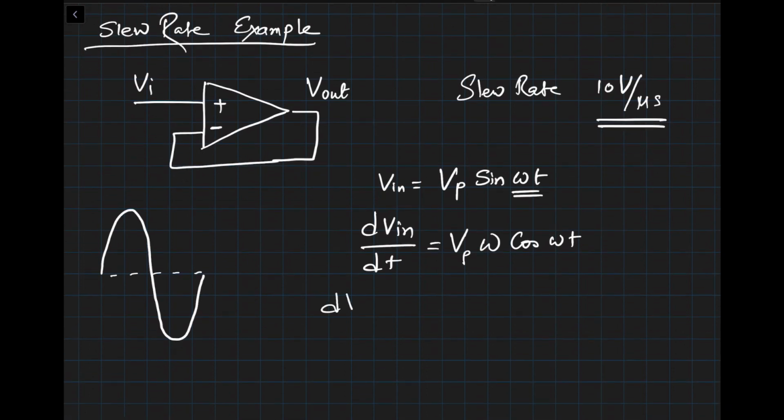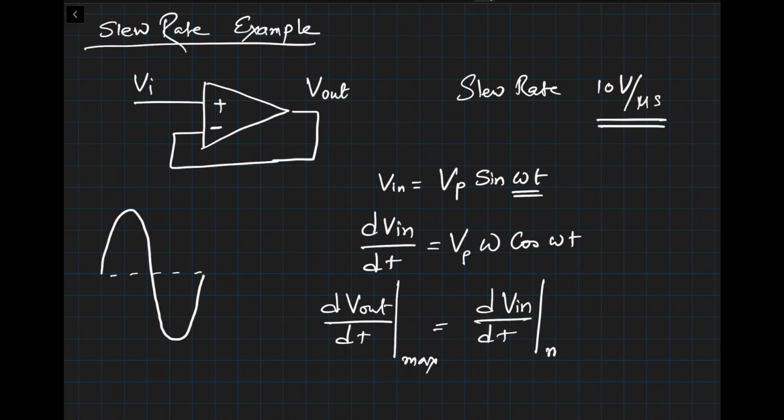The slew rate dV out by dt maximum, what would that be? In this case it would be dV in by dt maximum. Maximum value of cos omega t is going to be 1, and that would happen at omega t equal to 0, 2 pi, all those numbers, right?